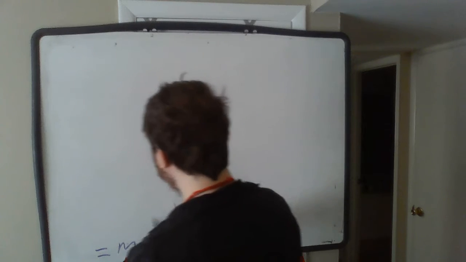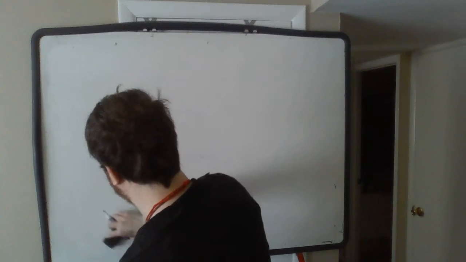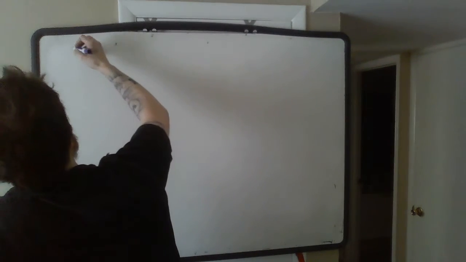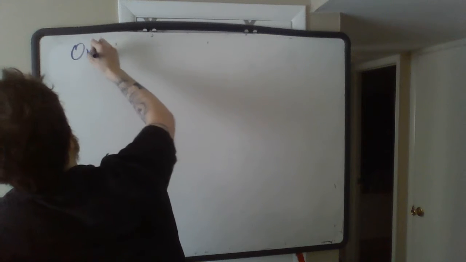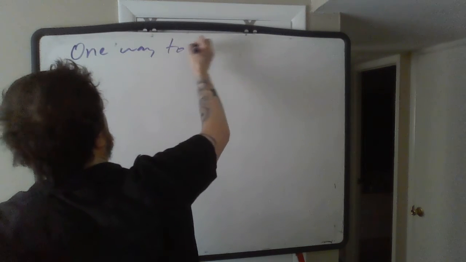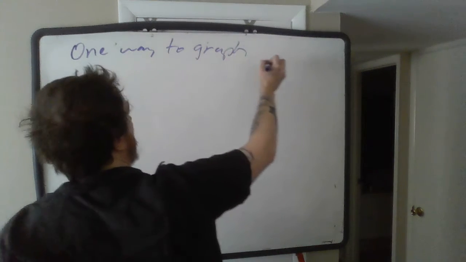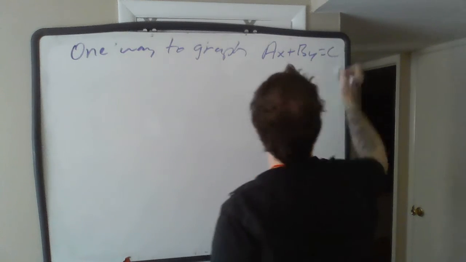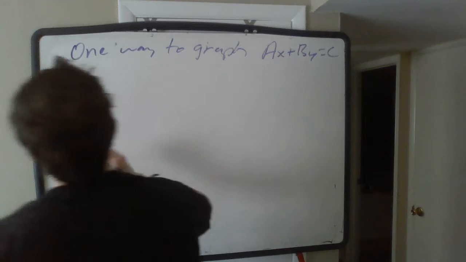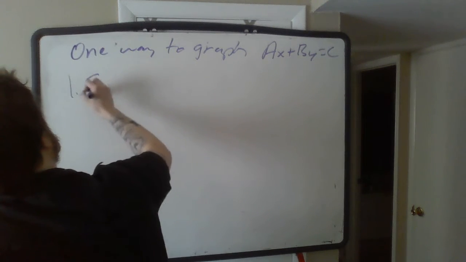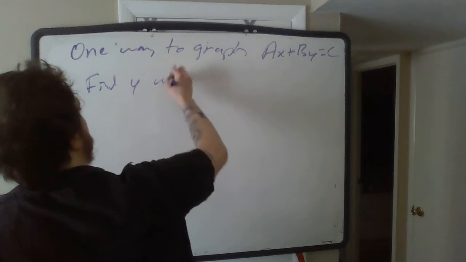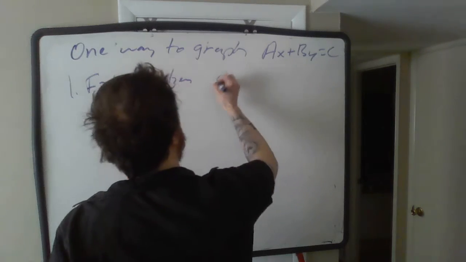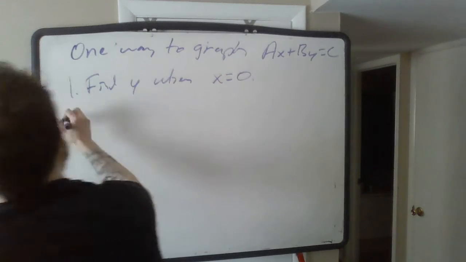So there are a few ways of doing this, and the first way that I'm going to tell you guys for making these graphs is the following. If I want to graph ax plus by equals c, we can find y when x equals 0.